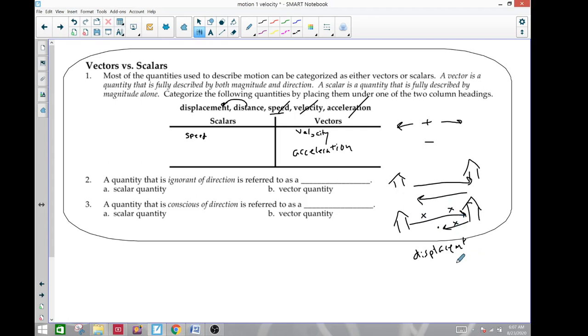So the distance you traveled would be 3x, but your displacement is x, and it could be positive x. So the displacement is the vector.